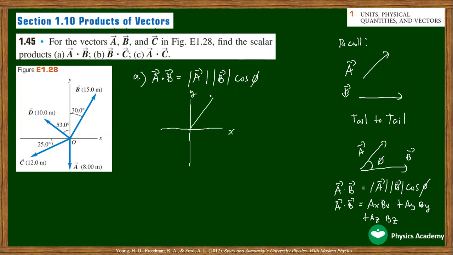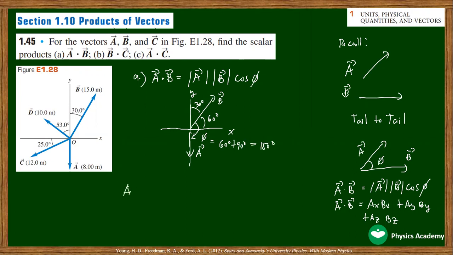Angle B is 30 degrees, meaning this is 60 degrees, and we have angle A here. So phi is equal to 60 degrees plus 90 degrees, which is 150 degrees.